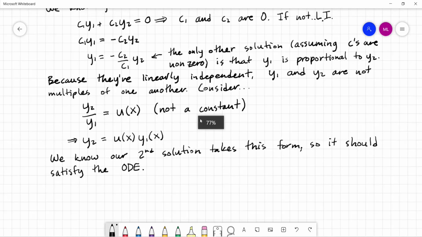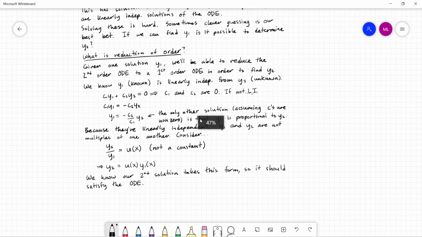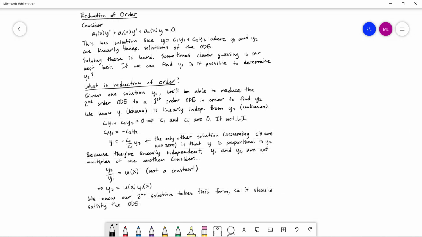So basically what I'm claiming is this y2 also needs to be a solution to this equation. That's the whole point. We're trying to find a second solution that satisfies the equation, and we have assumed so far that it has to take this particular form. What that means is I should be able to plug this y2 into this differential equation and have this equation be satisfied. So let's do that.